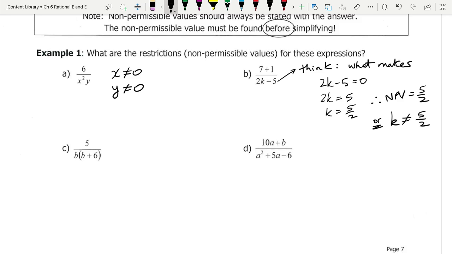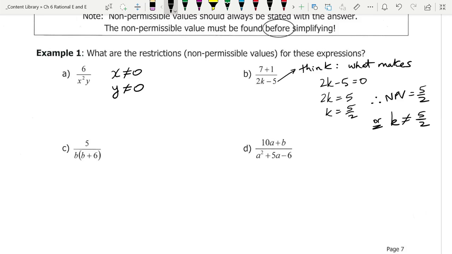You have to pay attention to language when you're talking about this stuff. If I asked you the question, what values would be non-permissible for A? And you answered by saying x equals 0 and y equals 0, I'd say, yeah, full marks. You're right. Those values would be non-permissible. But I kind of like this answer better. I like saying that this thing only exists if x and y aren't 0.